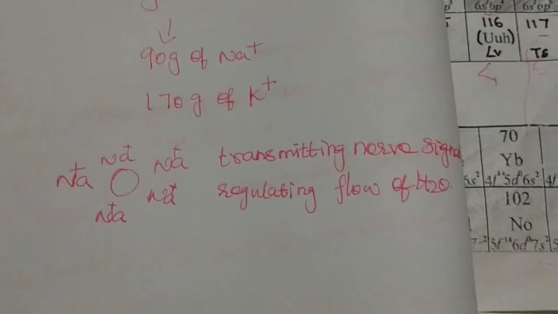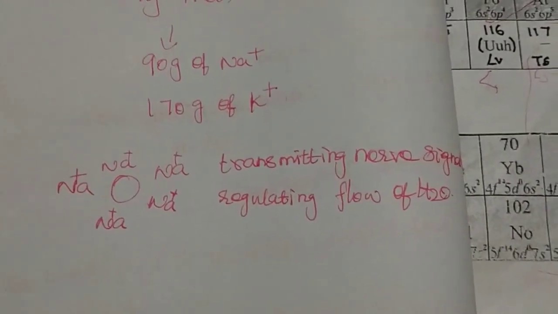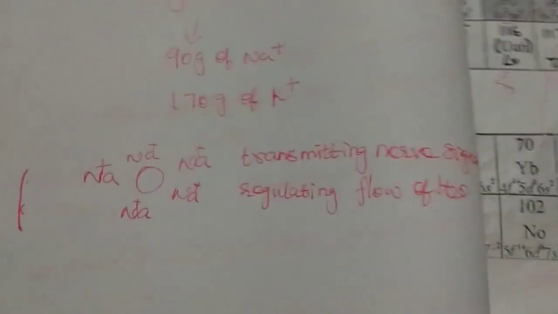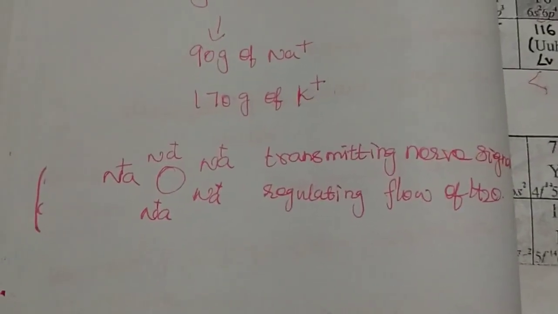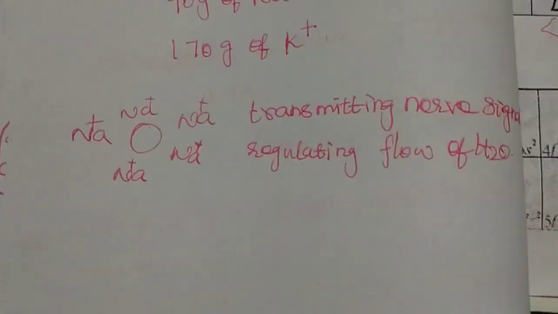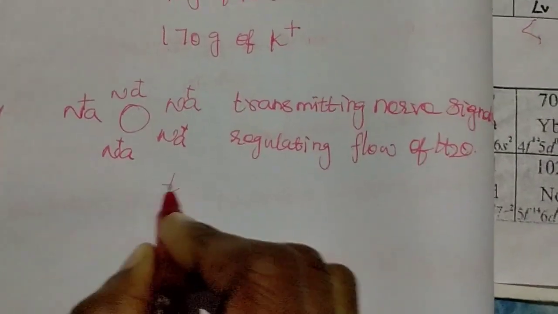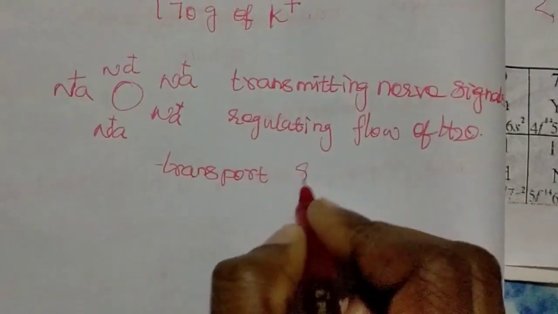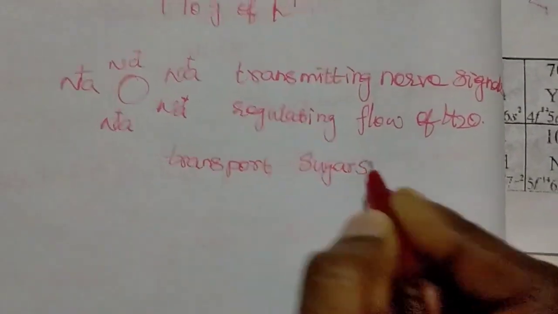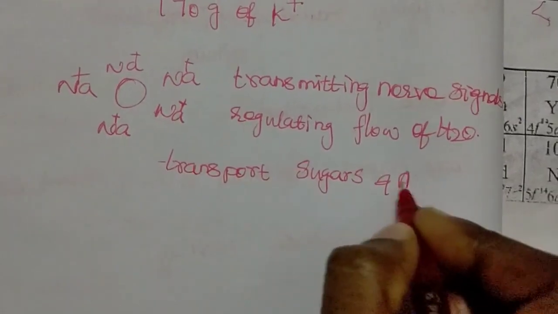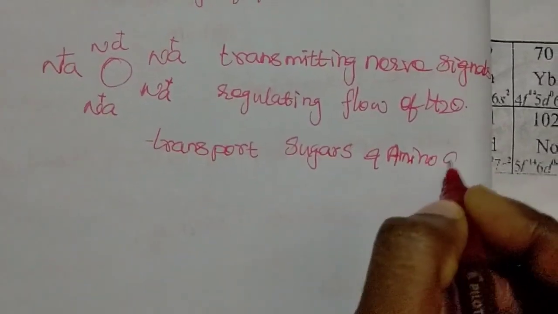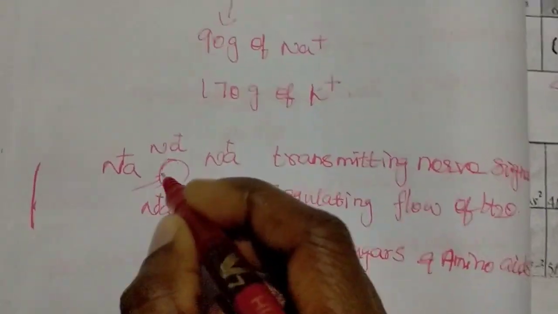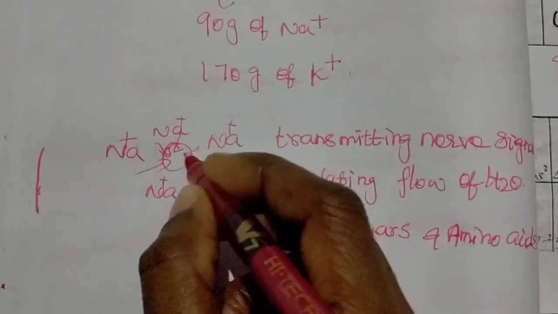Across the cell membranes, from inside to outside and outside to inside, the water transmission is regulated by the sodium ion. Also it transports sugars and amino acids into the cell. It is transmitting the sugar and amino acids.